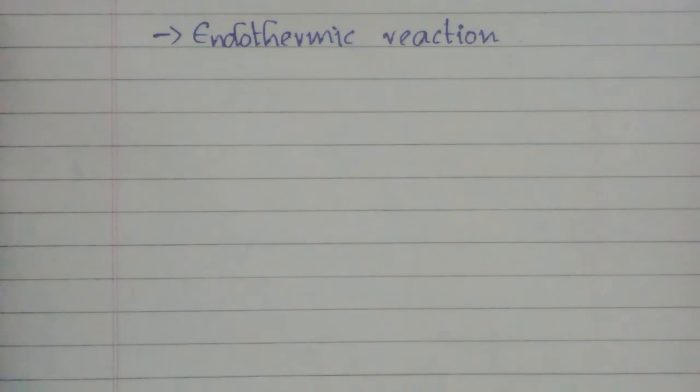And next, endothermic reaction. An endothermic reaction is a process which requires or absorbs energy from its surroundings, usually in the form of heat. We have learned that exothermic reaction means releasing heat, and endothermic reaction is absorbing energy.